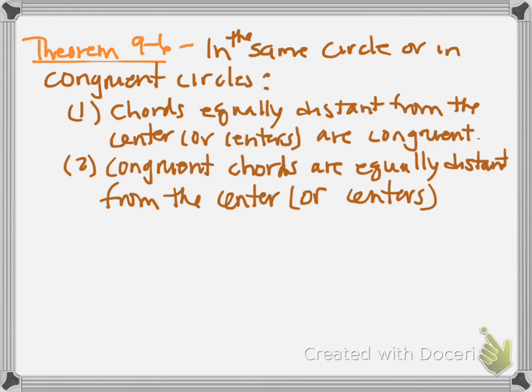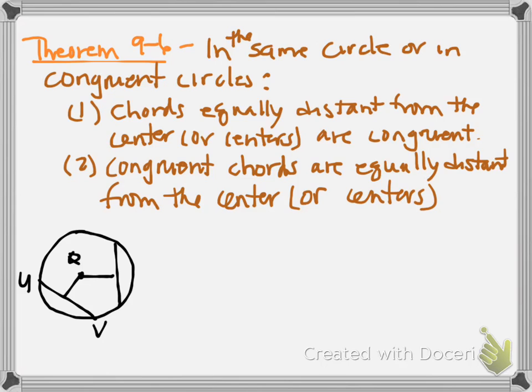So an example would be, here are two chords. There's circle Q. This is chord UV, and this is chord RT. I'm going to put some numbers in. I'm told this is perpendicular, and I'm told this is perpendicular.